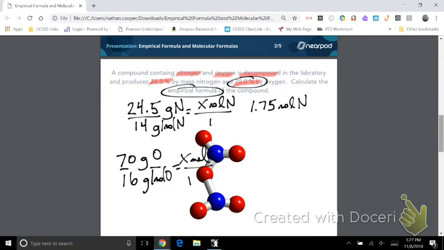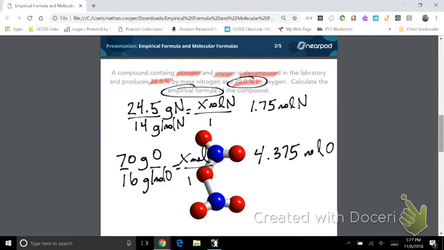I'm going to have a number larger than 1 because 70 grams is several moles. When I do the math, I get 4.375 moles of oxygen.